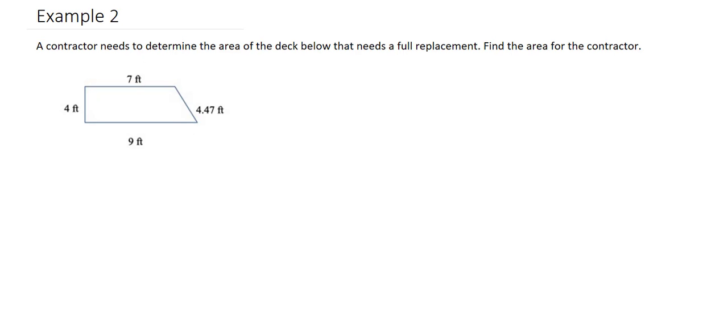Example 2: a contractor needs to determine the area of the deck below that needs a full replacement. So let's find the area for the contractor. We're going to use the second formula just to show you that we can use either one.